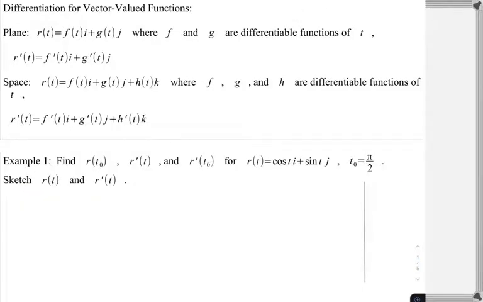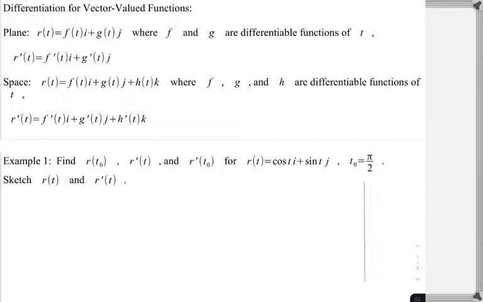All right, so let's look at the differentiation for a vector valued function. For the plane, r of t is equal to f of t i plus g of t j, where f and g are differentiable functions of t. The derivative, r prime of t, is going to be equal to f prime of t i plus g prime of t j, so it's just the respective components.